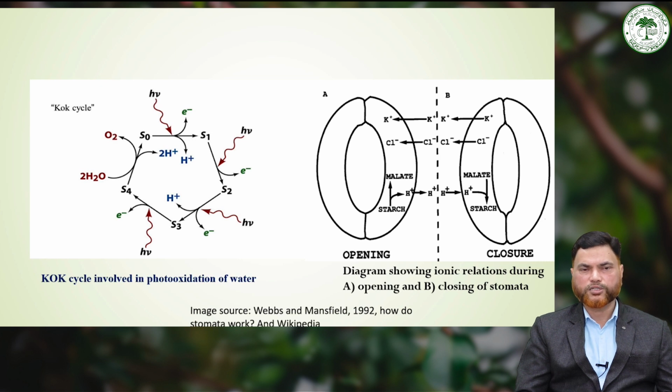The water oxidation cycle within PS2 typically requires one or two chloride ions, and studies have shown that depletion of chloride ion inhibits the transition between S2 and S3 as well as between S3 and S0 states, as you see in the slide.